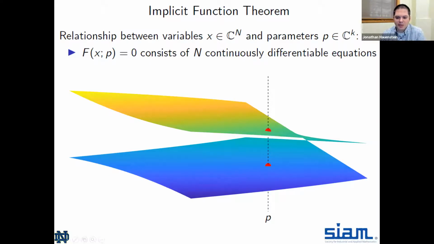Once you pick your parameters, then you have possible solutions of the variables to the system of equations. In this case, we have these two solution sheets over our parameter space. Once we pick a parameter, then we have these two solutions over them. The implicit function theorem tells you how these solutions change as I move my parameters.